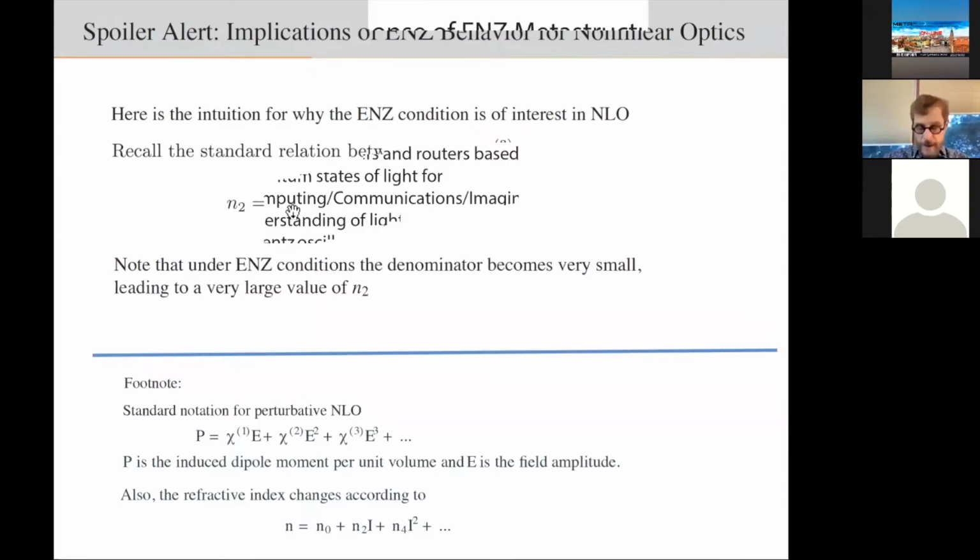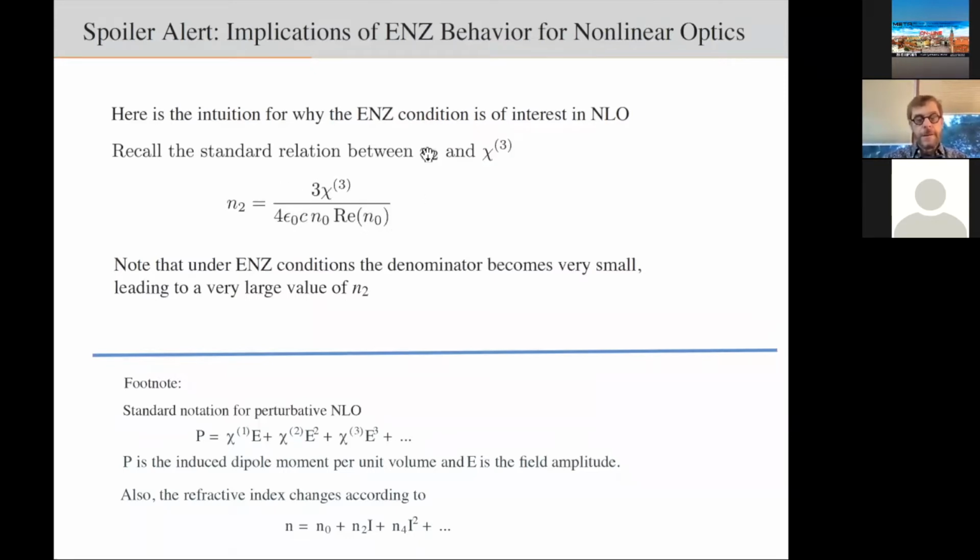And if you've forgotten the definition of n2 and chi3, I have them here at the bottom of the slide for you. But the standard relationship between n2 and chi3 is shown here. And you can see that when the linear refractive index n0 becomes very small, n2 is going to become very large. And I like to think of chi3 as the fundamental property of a material, and n2 is how that nonlinearity is going to show up in specific geometries.